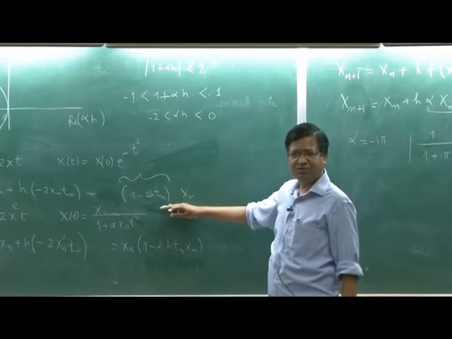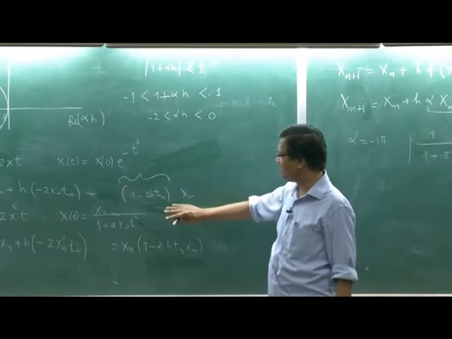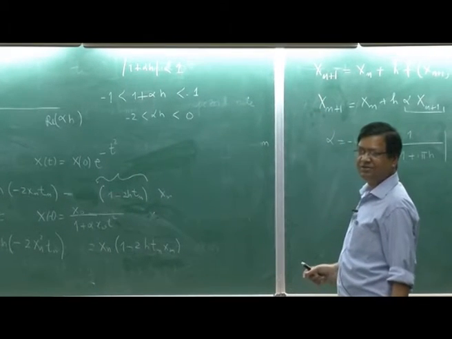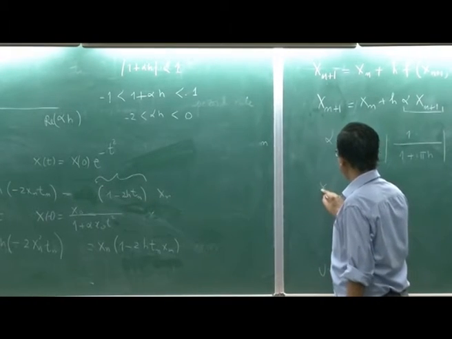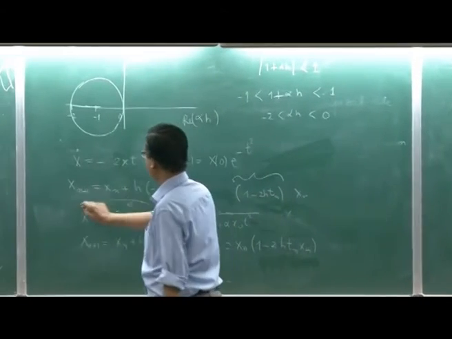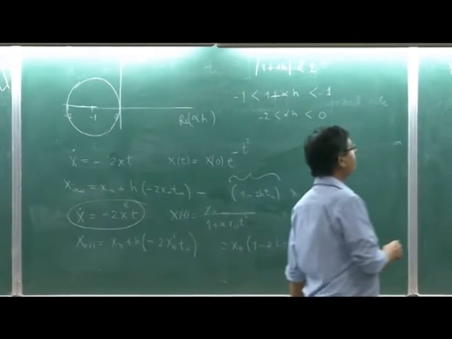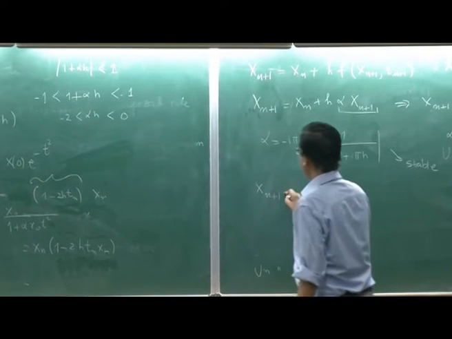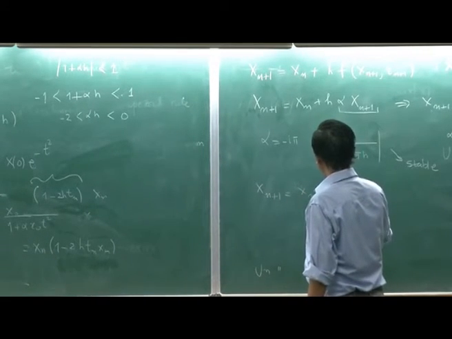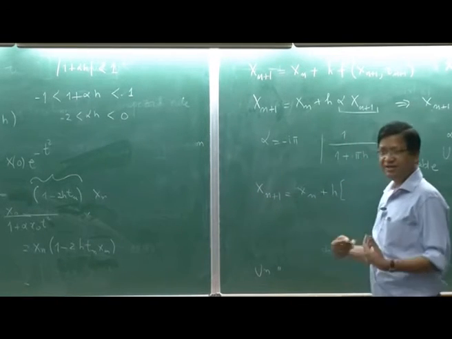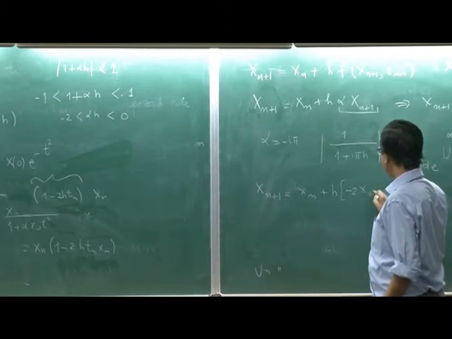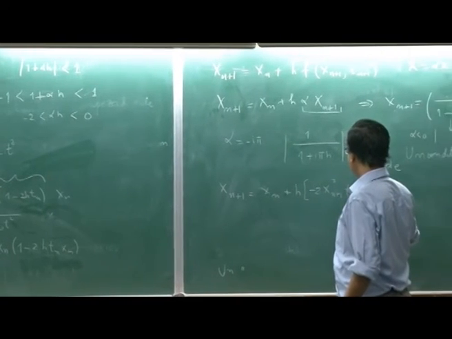So we can work out this one or both. How will you solve this problem with Euler backward scheme? Let us solve this one. Euler backward scheme will be xn plus 1 equal to xn minus h, plug in my f, which is minus 2 xn plus 1 squared Tn plus 1.